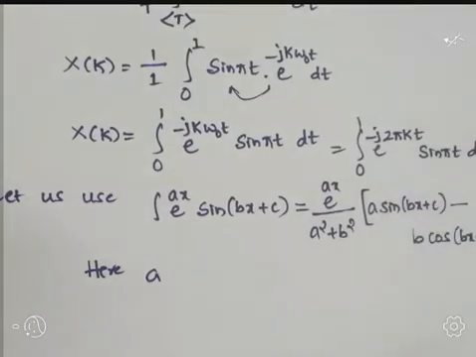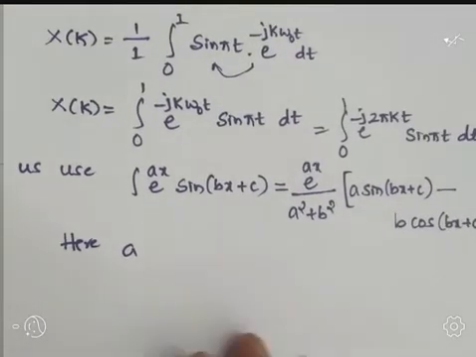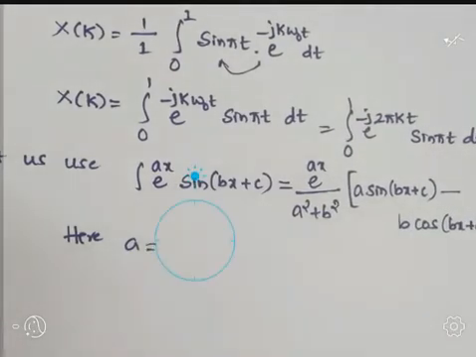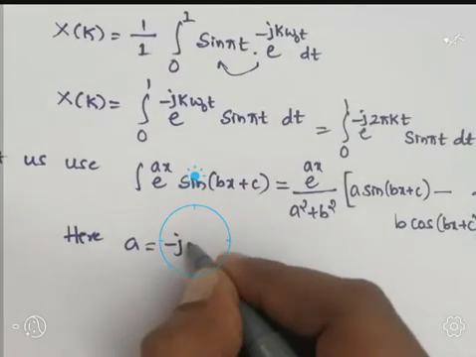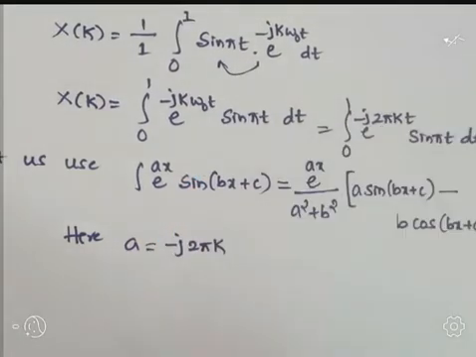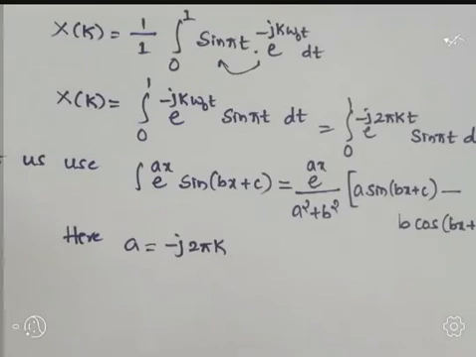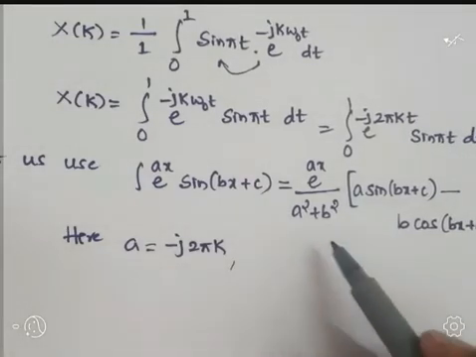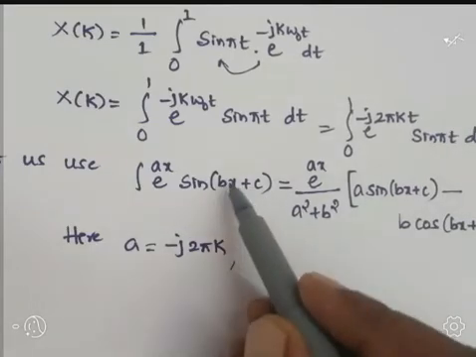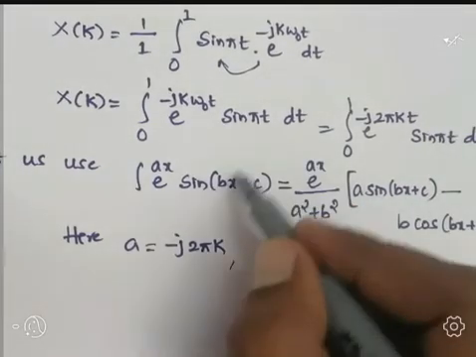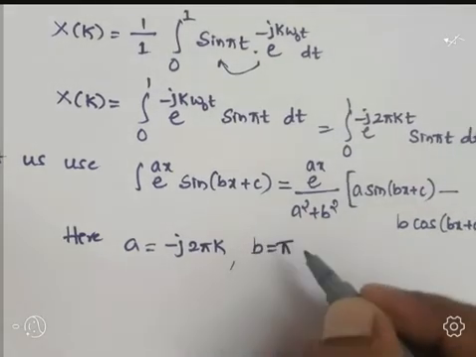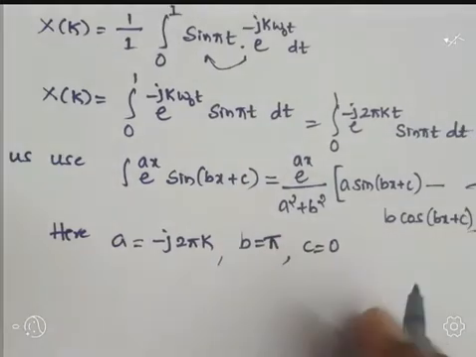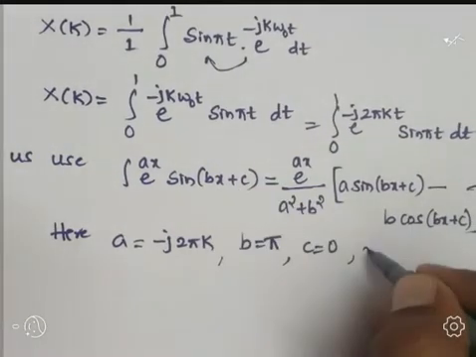Now compare these two things: a equal to minus j 2 pi k. Similarly, the value of b is nothing but pi, and there is no constant term, so c is 0. And x is nothing but t.